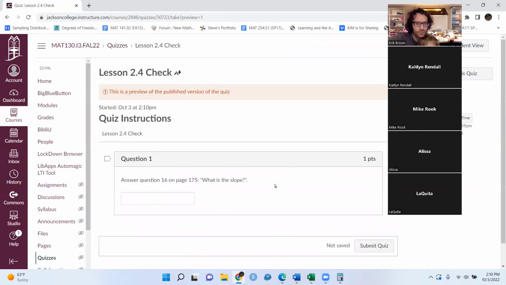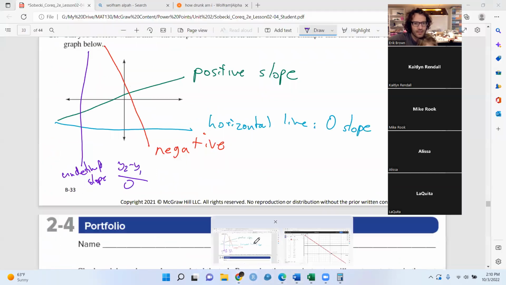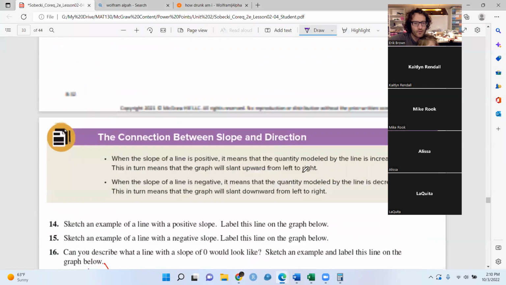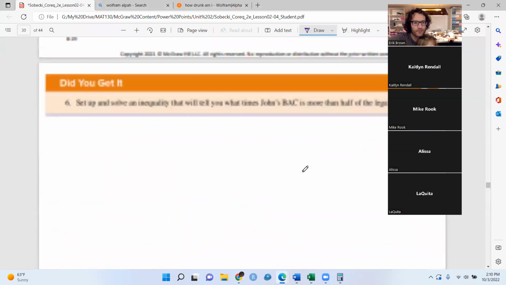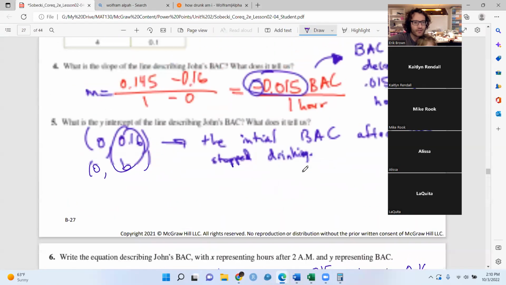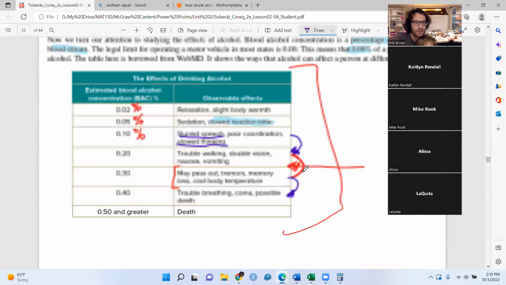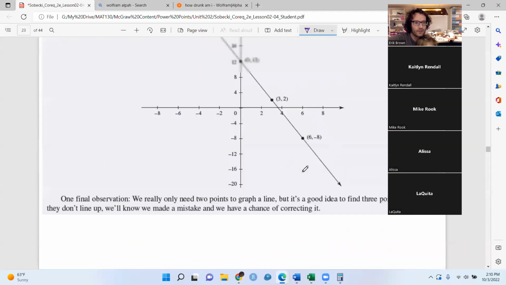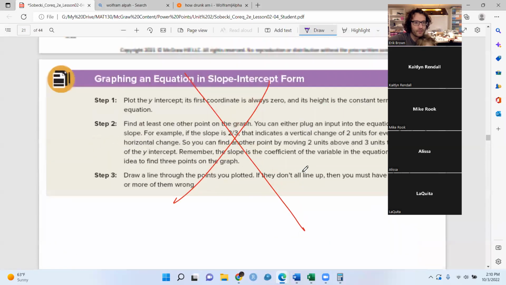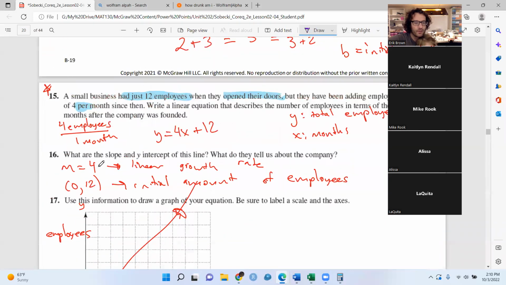What is the slope? Question 16. So it's the first set of questions back with the pizza stuff. It's going to be the 9, I believe. Am I right on that? Maybe not. Here we go. Oh no, the slope is 4.